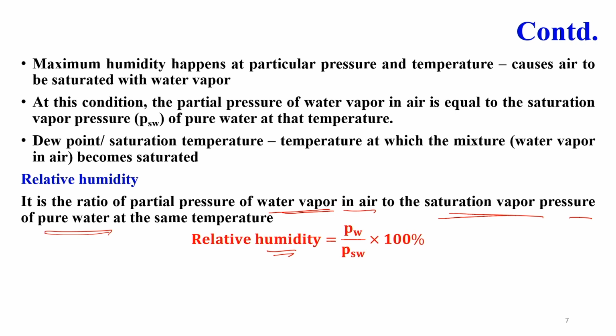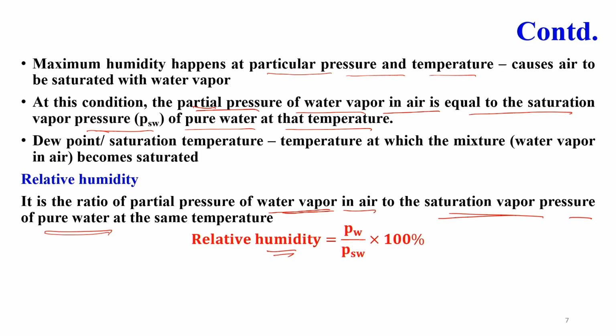Now, again, the maximum humidity happens at a particular pressure and temperature. It causes the air to be saturated with water vapor, and at this condition the partial pressure of water vapor in the air is equal to the saturation pressure of water vapor at that given temperature.